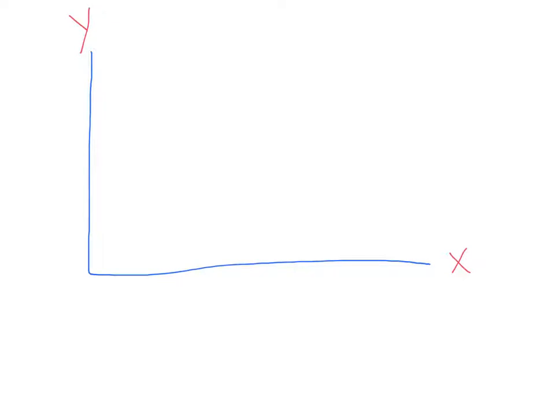Now, when we're looking at information like the average temperature of a month, there's two pieces of information that we're looking at. First, we're looking at the months, and secondly, we're looking at the temperature. Now, on the x-axis, we'll put our months. We're putting our independent variable.